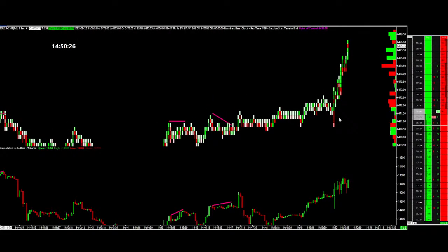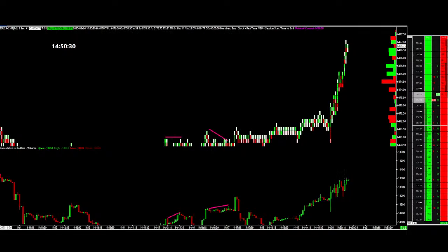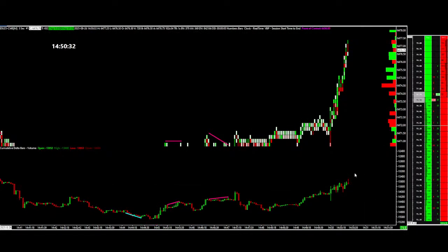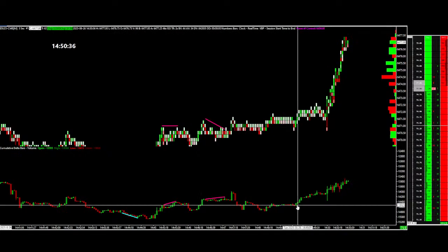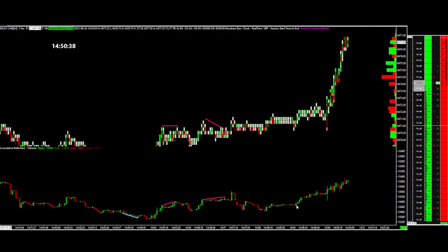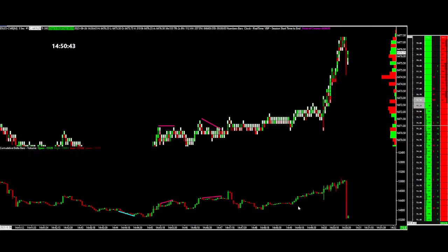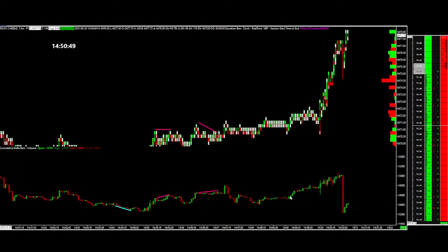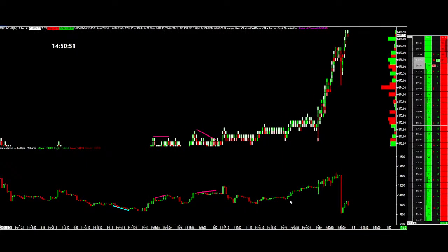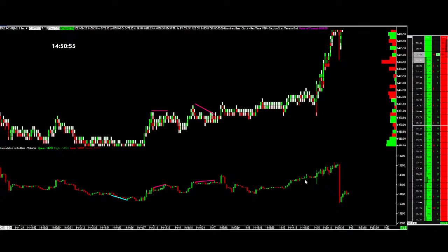So for whatever reason, the buyers dug in, and they were not willing to let them go. So that was kind of information. Oh, they brought the PA way up.